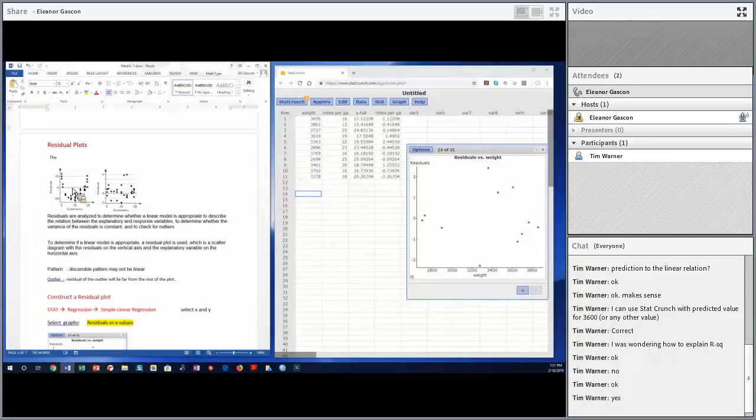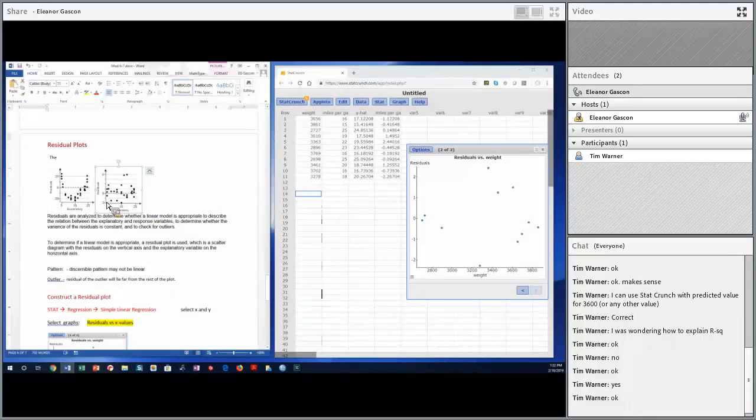It's a pretty good check that it's linear. If you have something like this one, that's more of a parabola shape, that's going to be a quadratic equation, not a linear equation. You want something more like this, where the explanatory variable is here and the residuals are just scattered.